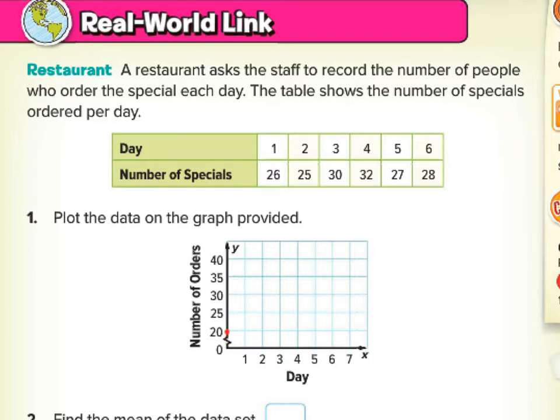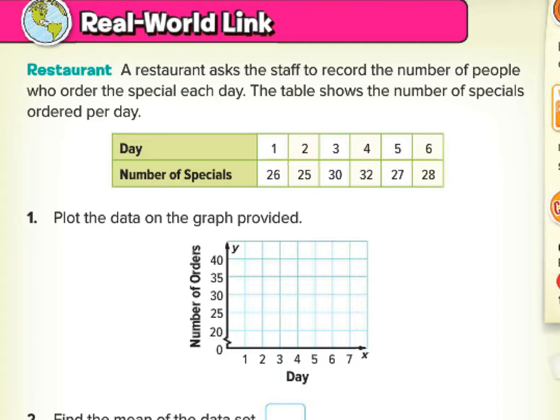But then after that, we increase by 5. So what we're trying to represent is that we have no data between 0 and 20. So we start from 20 and we gradually increase by 5s. So this break just represents that data has been crunched in there.